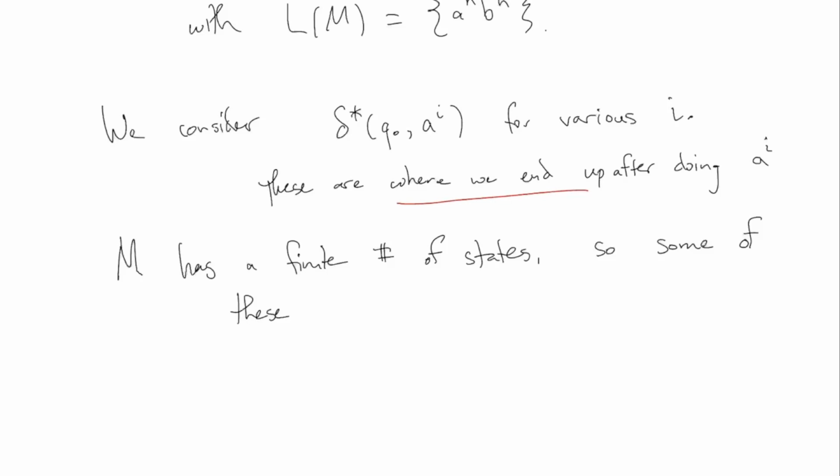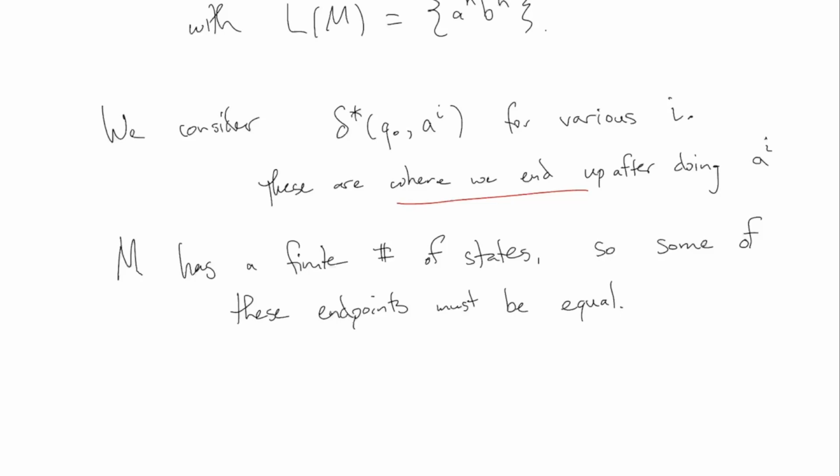They can't all be different. After you do 1A, or after you do 2 A's or 3 A's, they can't all be different because the DFA only has finitely many states. So some of those endpoints have to match up with one another. So some of these endpoints must be equal. In fact, infinitely many of them must be equal, but we don't care about that. Some of these endpoints must be equal.